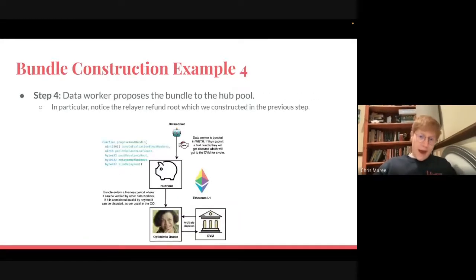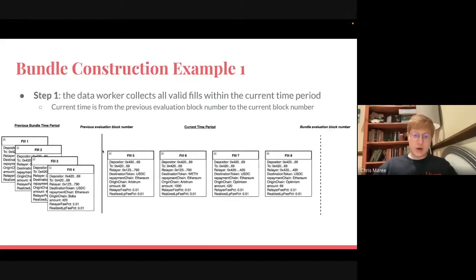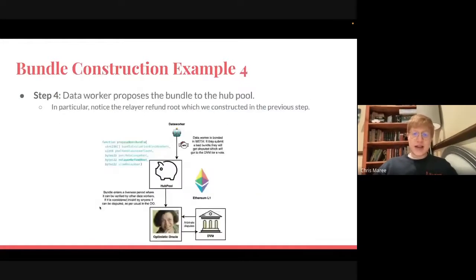Step 4, we go back to this similar variant on the diagram we had seen before. So the data worker goes and calls propose root bundle. And now we can actually dig a little bit more into these props that we glazed over earlier. So the bundle evaluation block numbers, this is the peg in the sand that I mentioned earlier on, right? It's the data worker saying, I'm evaluating the things that have evolved over time up until this particular point in time.